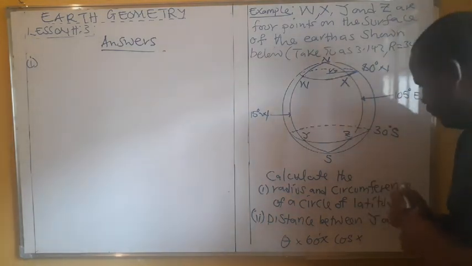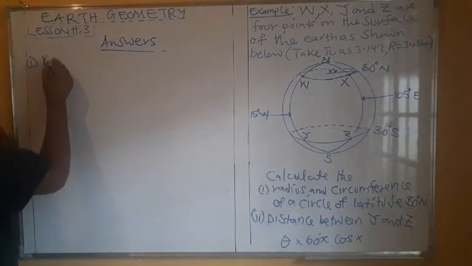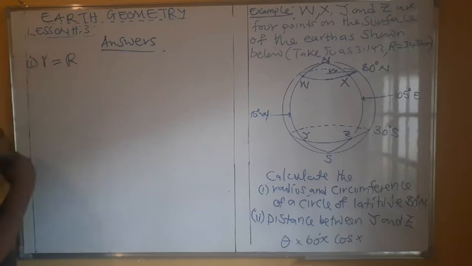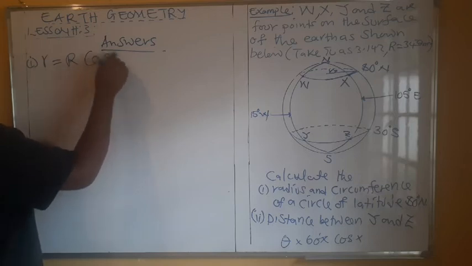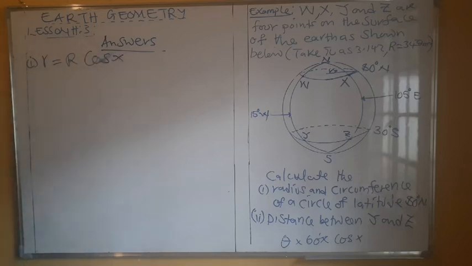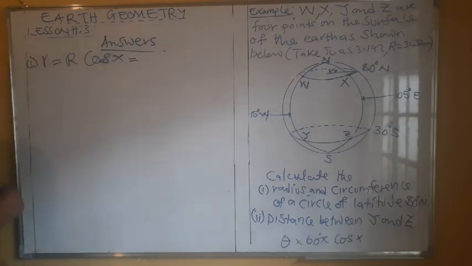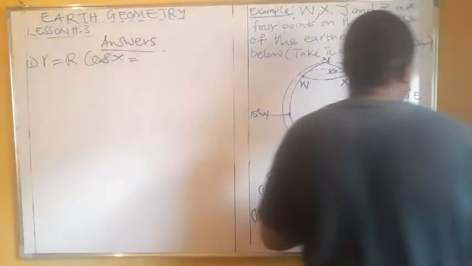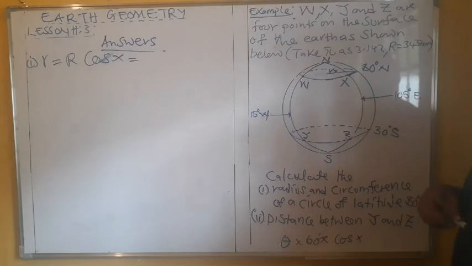To find that, the radius of a small circle is given by the radius of the earth times the cos of that latitude. So in this case, what is our radius? The radius is usually defined or given. In this case, we've been told that we use 3437 nautical miles.